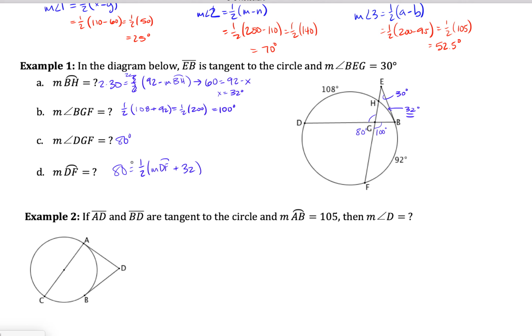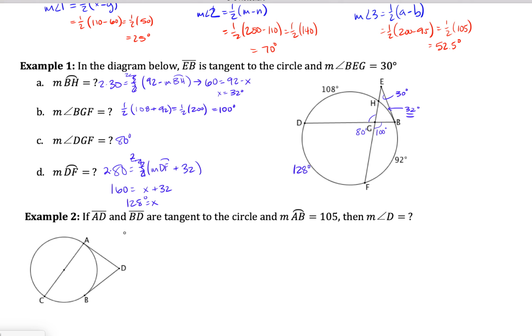Again, I'm going to get rid of my 1/2 by multiplying it by 2, but if I multiply over here by 2, I got to multiply over here by 2. So now I have 160 equals, this is gone, and I'll just put an x here for my measure of DF. x plus 32, little algebra, subtract 32 on each side, and I get 128 degrees for x, so I get 128 degrees for arc DF right there.